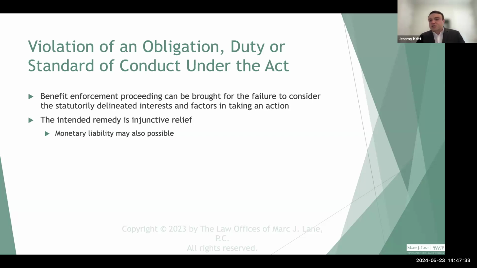Although I should mention in this specific instance, personal monetary liability could theoretically be possible. That exoneration I discussed, if you'll recall, was only for actions taken in compliance with their duties under the act.